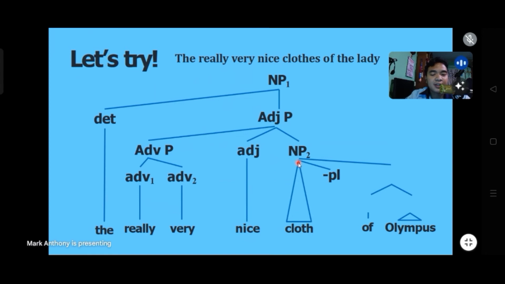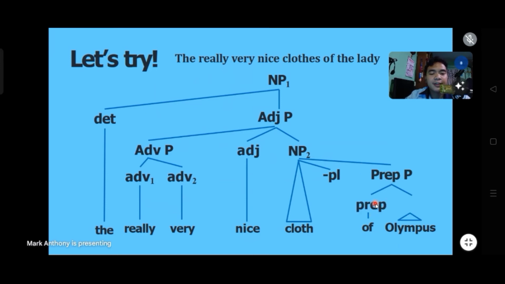in which it is categorized as a plural form. And next we have the prepositional phrase, which refers to the word of Olympus.